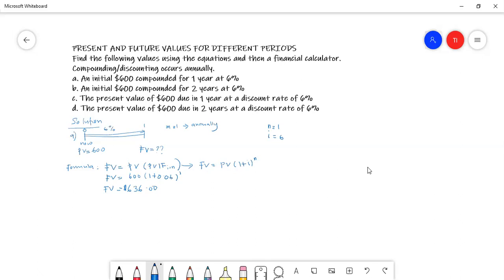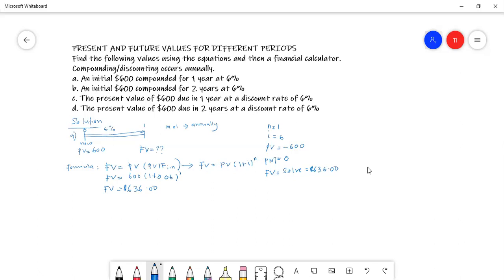For the PV, you must input the negative sign together with the cash flow. And the payment, this is not the annuity payment because it's a single cash flow, so you leave it blank or 0, and you go to future value and you solve. What do you get? You will get the same amount as you calculated manually.